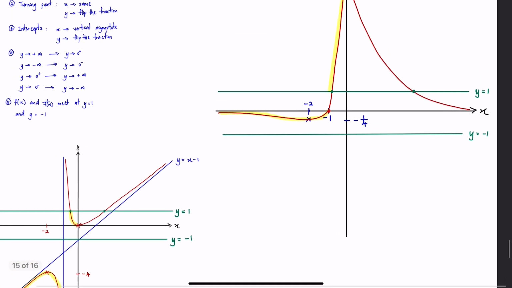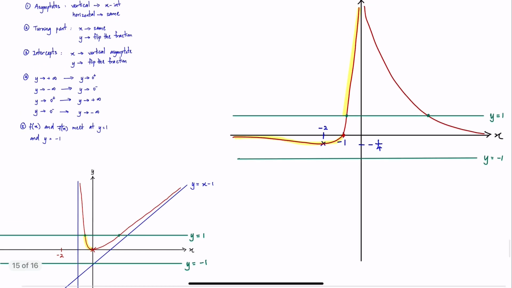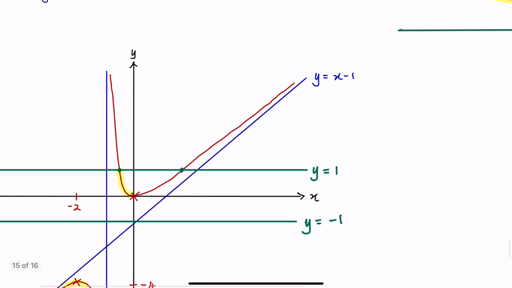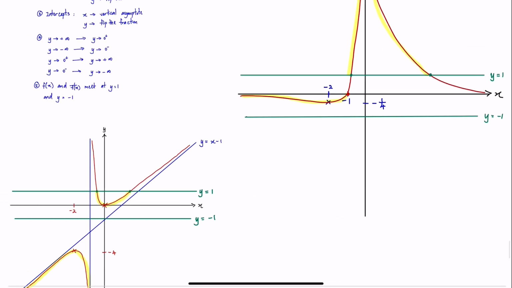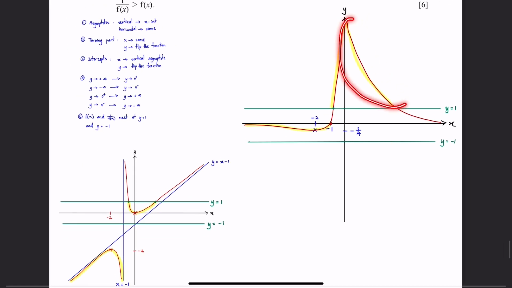And the last part would be this part. Where you can see that 1 over f(x) is above y equals 1 and f(x) is below y equals 1.